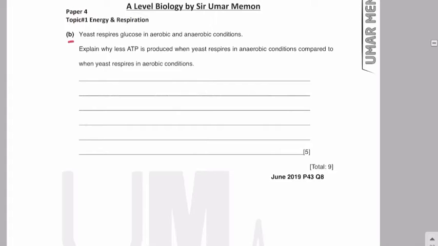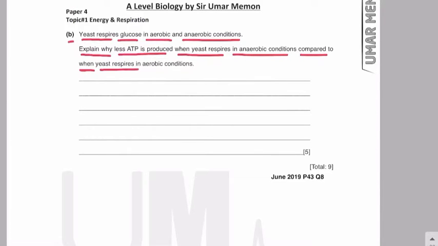Part B states that yeast respires glucose in both aerobic and anaerobic conditions. Explain why less ATP is produced when yeast respires in anaerobic conditions as compared to when the yeast respires in aerobic conditions.